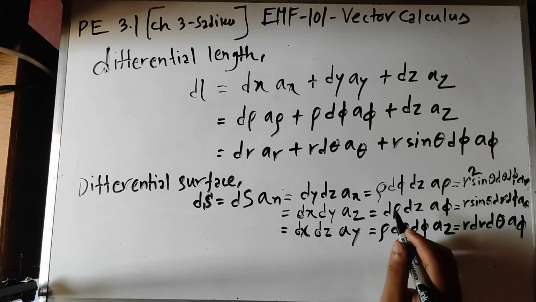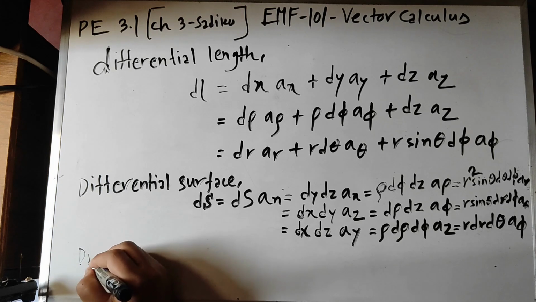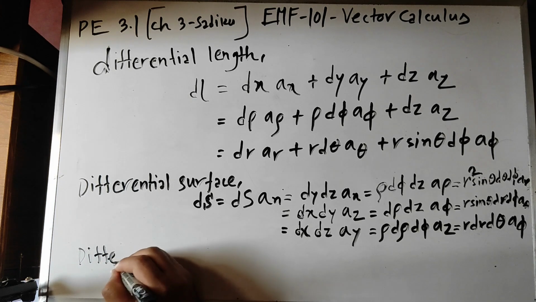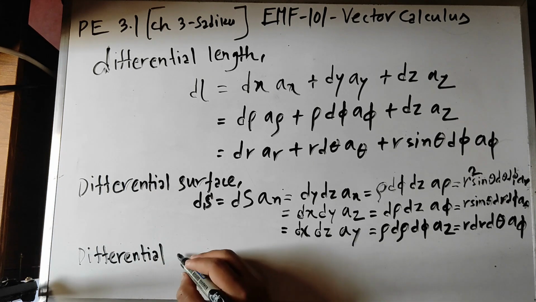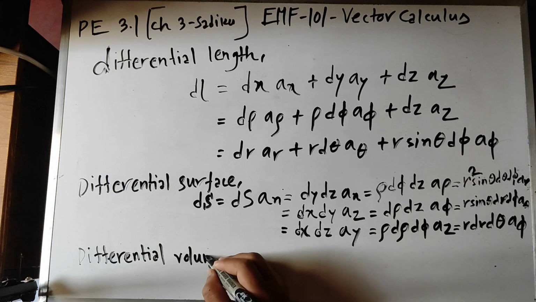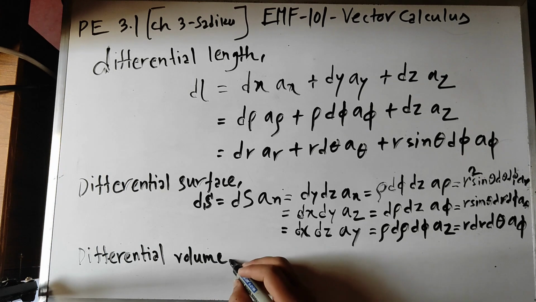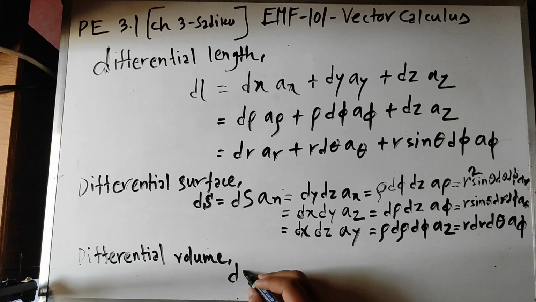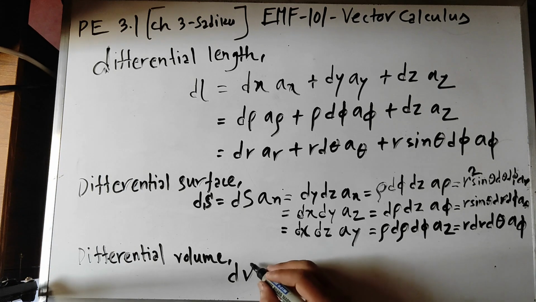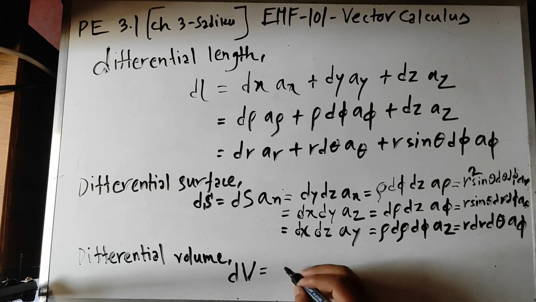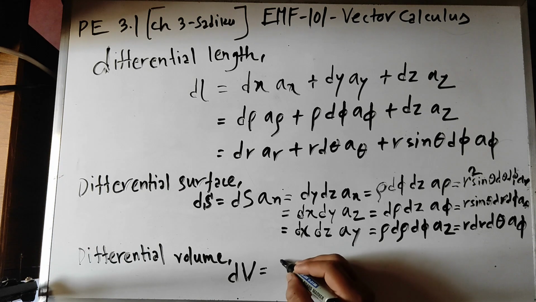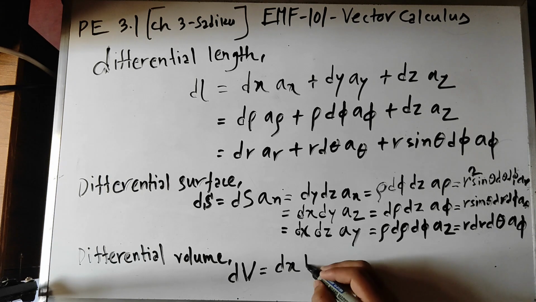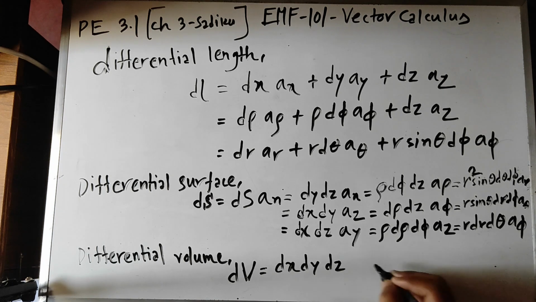Now for differential volume dv, capital V. Volume doesn't have any direction. In Cartesian it is dx dy dz.